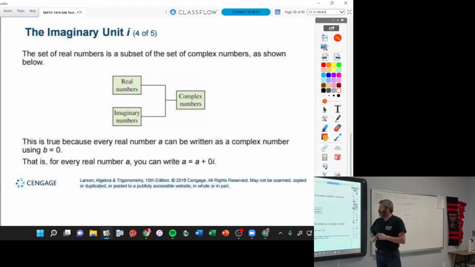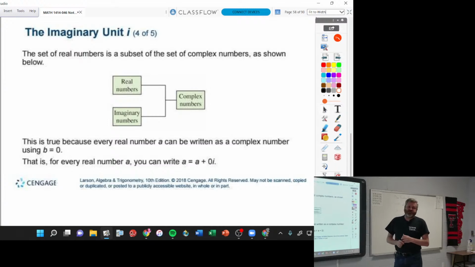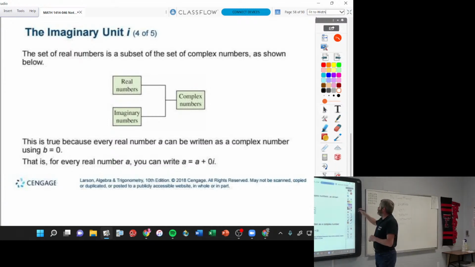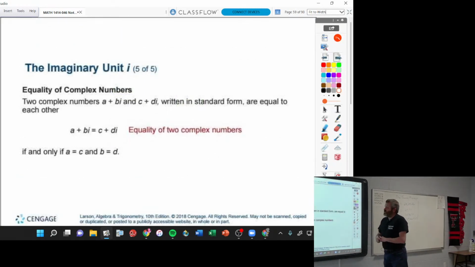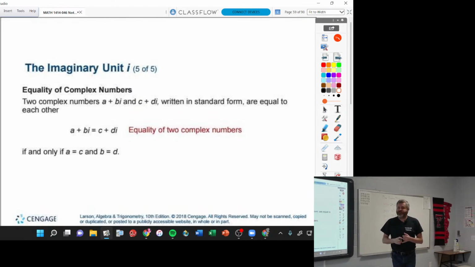Any real number can be written as a complex number if b is 0. So if I was to write the number 7 as 7 plus 0i, that's what's going to make it look complex.